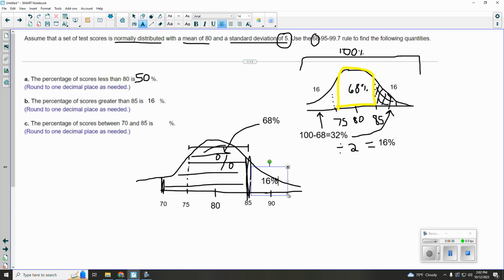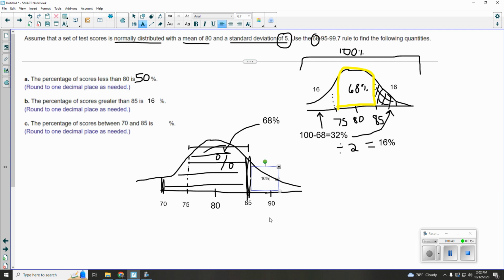How do we know that? From the problem that we just did, right? And so we know that this little tail over here is 16. Now what we don't know is what this piece is yet, because we know all of this is 16%, but it's kind of lopsided here.